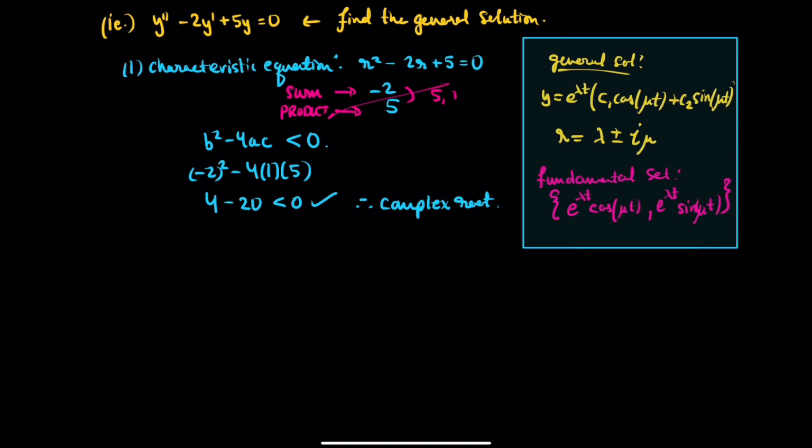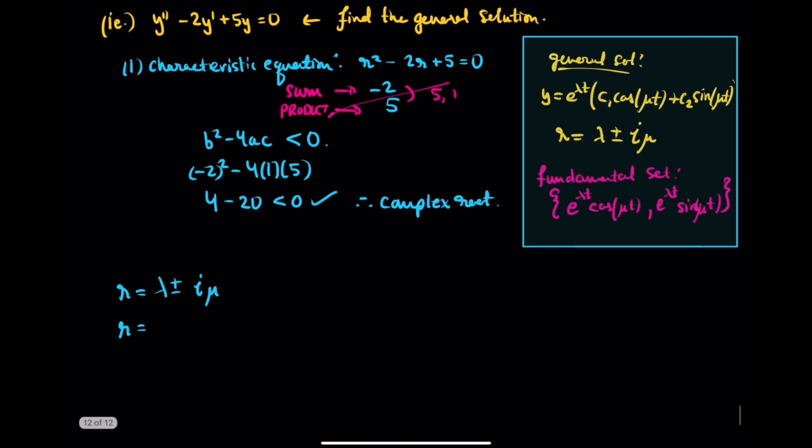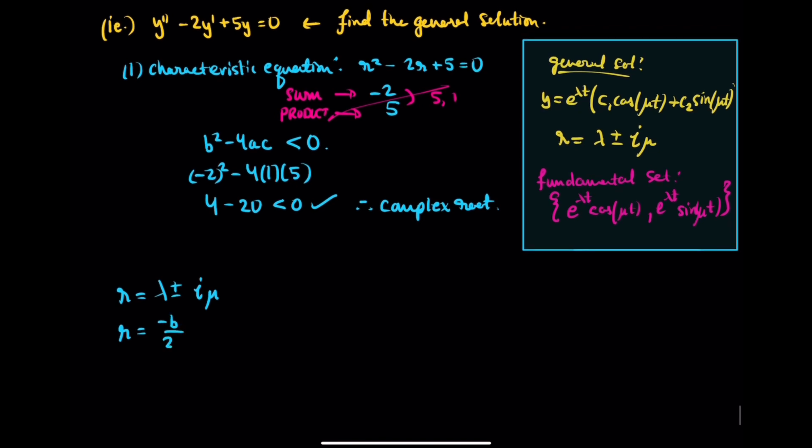So let me write this out. r equals lambda plus minus i mu. And what that means is mu has the value of minus b over 2a plus minus i square root of 4ac minus b squared over 2a. Okay, so now we have to plug it into this form.